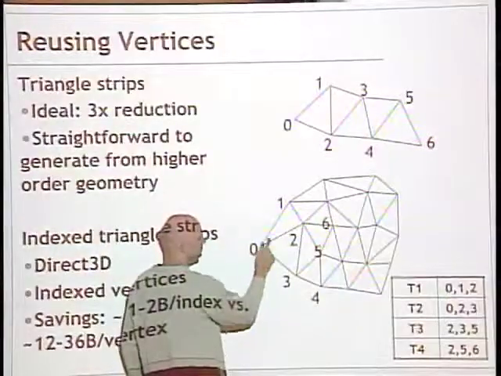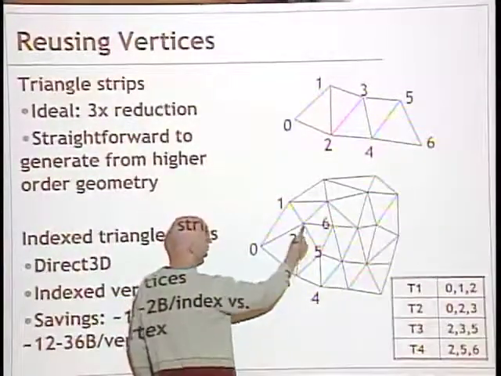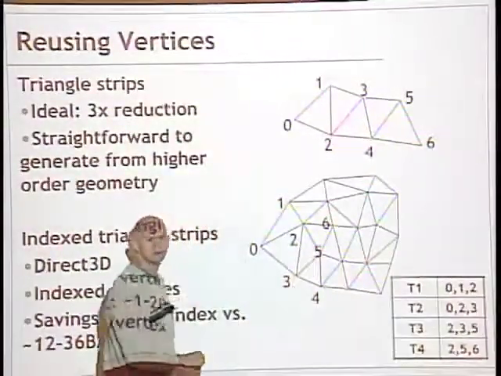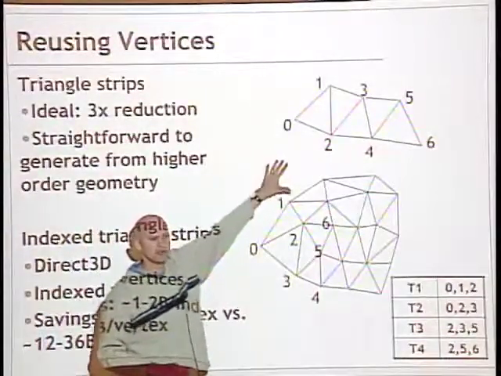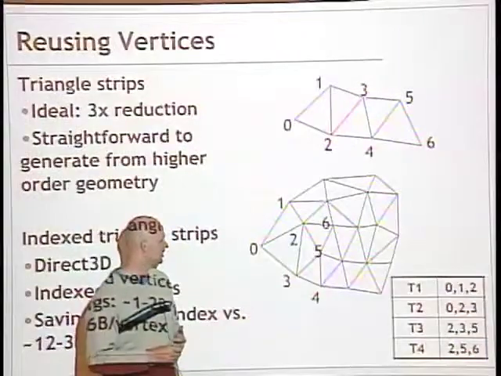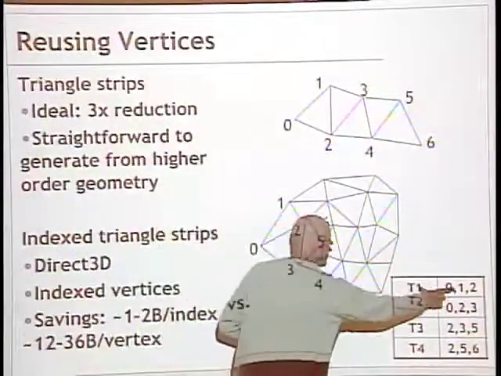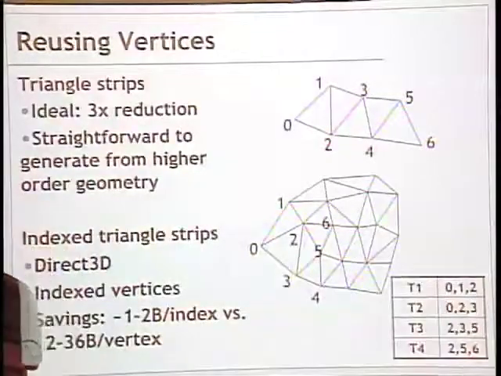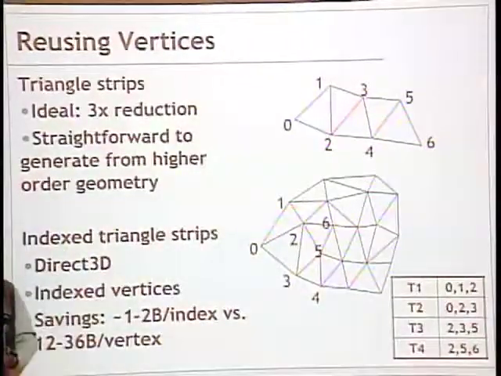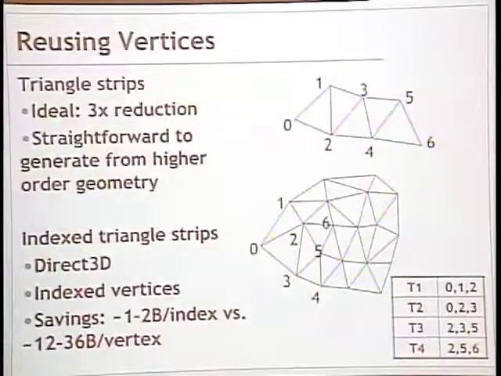Triangle 2 is 0, 2, 3. Triangle 3 is 2, 3, 5, and so on. This is good because you have more flexibility. You can better do complicated strips and so on, and this takes very little space. So you're going to get a win from being able to do that. More flexibility, but you have to send a little bit of connectivity information to make that work.